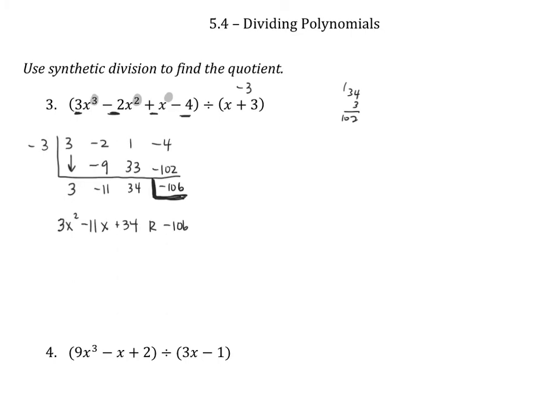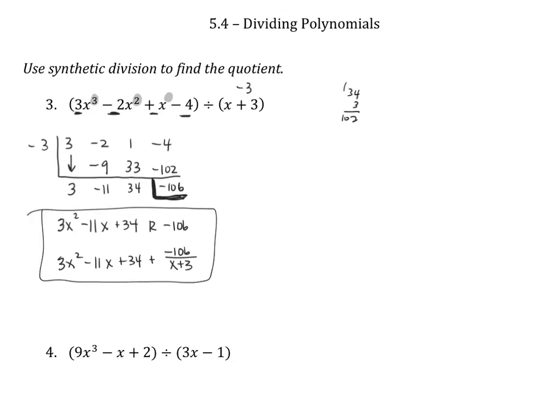Depending on how it asks you to write it, that's one way to write it. The other way you can write it is 3x squared minus 11x plus 34 plus negative 106 over x plus 3, which is the divisor. So either way you can write it one of those two ways.